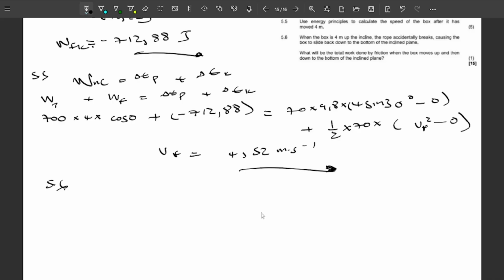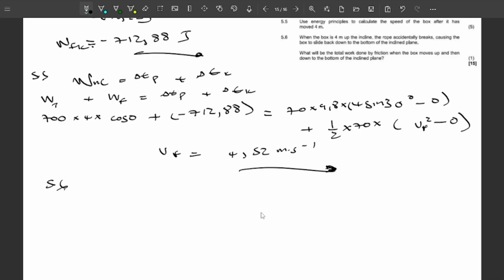Yeah. So now 5.6, it states when the box is 4 meters up the incline, the rope accidentally breaks. Oh, really? Causing the box to slide down to the bottom of the inclined plane. Now, what will be the total work done by friction when the box moves up and then down to the bottom of the incline?